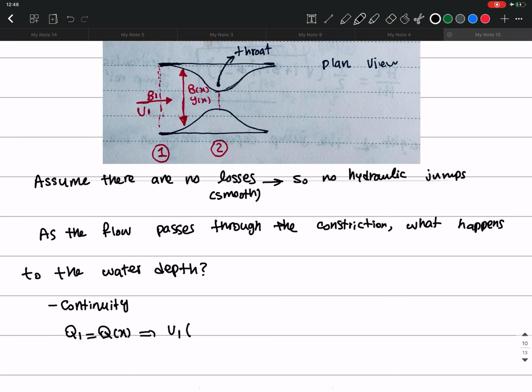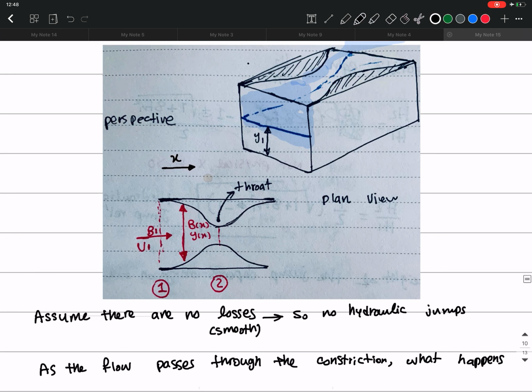So this means that u1 times b1 y1 equals u at x, b at x, y. Okay, so b1 again is the width of the channel, and y1 is the depth of the channel.